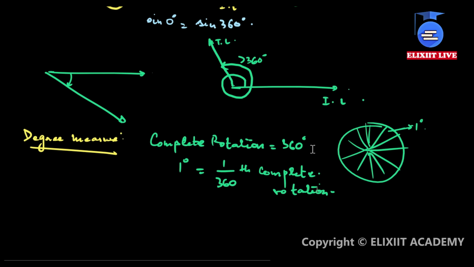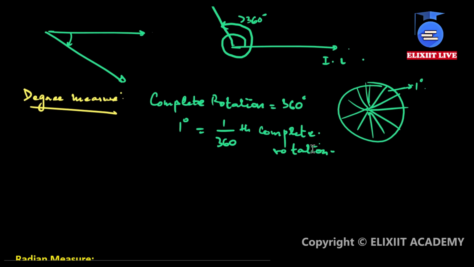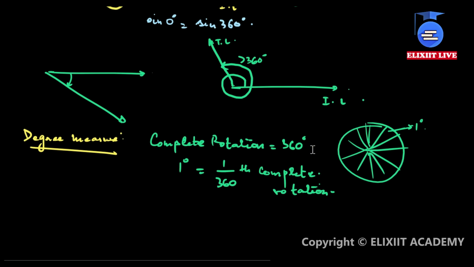So this is the very basic idea regarding degree measures. Over here, we consider the circle. This circle was divided into 360 parts, and each of these parts is known as 1 degree. Basically, 1 degree is a very small angle.